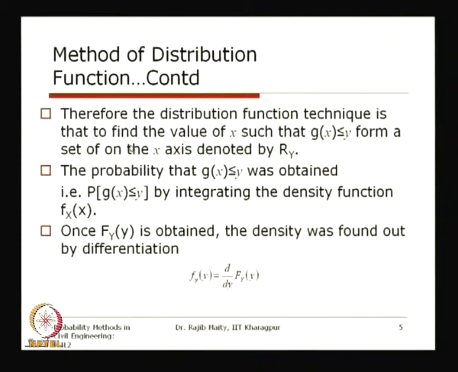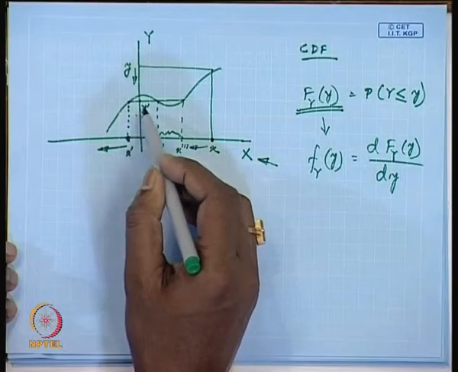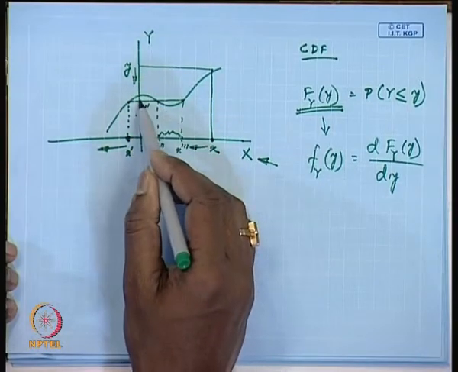So, in brief, the distribution function technique, that is the cumulative distribution function technique, is to find the values of x such that g(x) is less than or equal to y, forming a set on the x axis which is denoted by R_y.